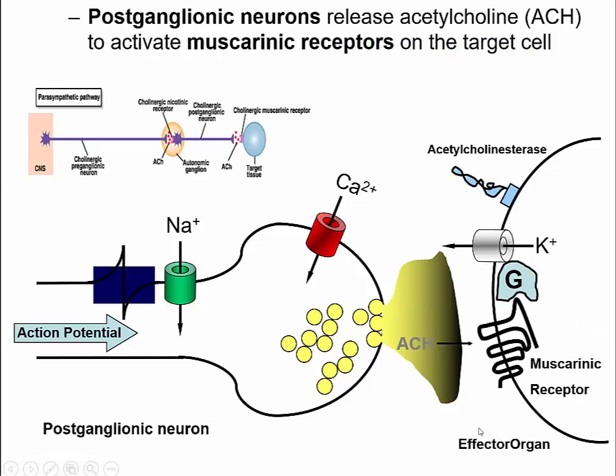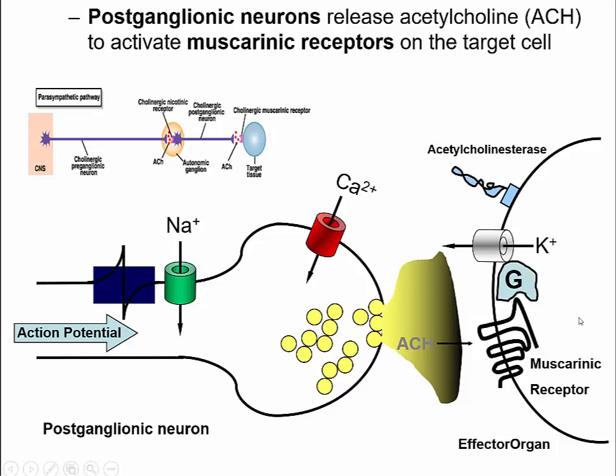That postganglionic neuron, once it gets activated, as shown here, will send its action potential down, stimulating voltage-gated sodium channels to open. Sodium comes in, raises the membrane potential to activate voltage-gated calcium channels. Calcium comes in, stimulates the release of vesicles containing acetylcholine. They go across the synaptic cleft and bind to muscarinic acetylcholine receptors found on those postsynaptic cells.